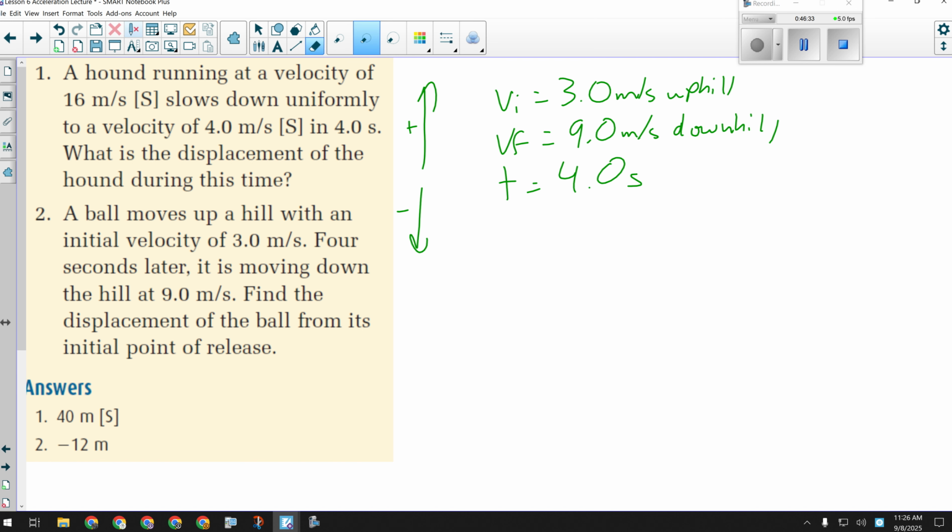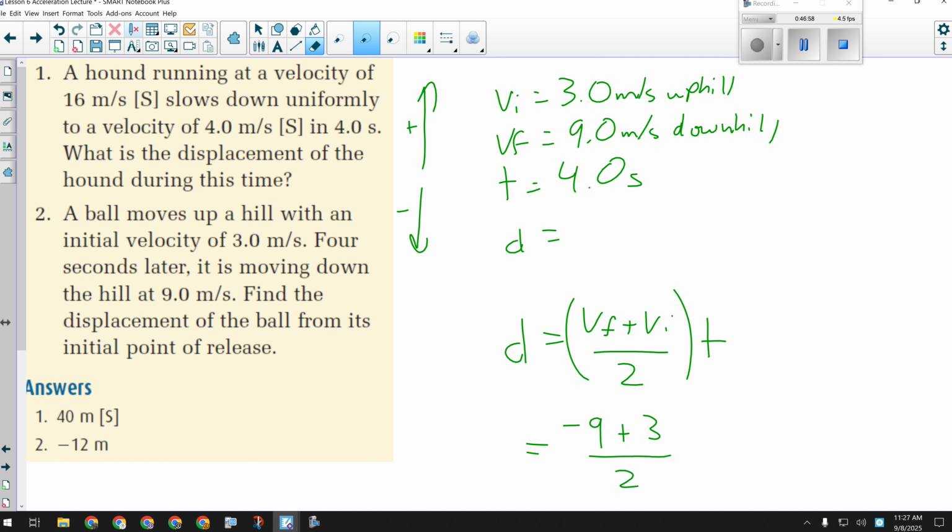All right, so I've got that. I'm looking for D. Once again, I don't have to manipulate, but when I go into this formula, (VF plus VI) over 2, times T, I've got to make sure down the hill is represented with a negative. So negative 9 plus 3, divided by 2, times 4.